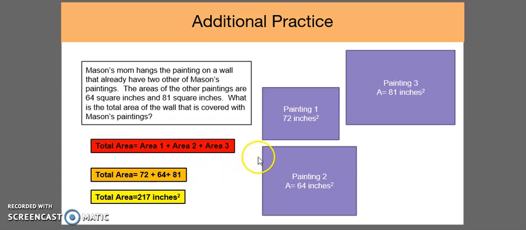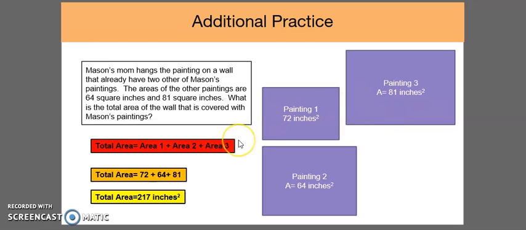Sometimes it might be helpful to have some visuals. In the previous problem, we had painting 1, which we calculated to be 72 square inches. In this problem, we are given painting 2, which is 64 square inches, and painting 3, which is 81 square inches.